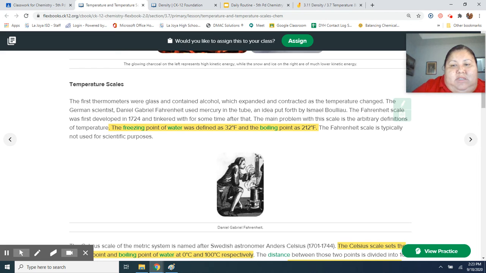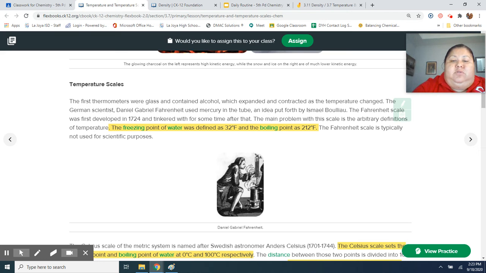And the most important thing that you have to remember, there is a problem. The main problem with this scale is the arbitrary definitions of temperature. So if you're thinking of the freezing point and boiling point of water based on the Fahrenheit scale, water will freeze at 32 degrees Fahrenheit and it will boil at 212 degrees Fahrenheit.